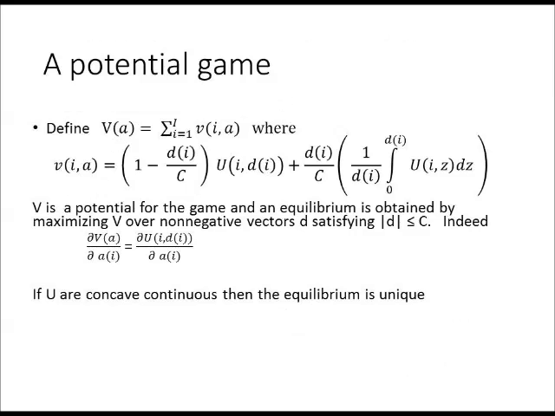As mentioned, this game is also a potential game. The potential is given as the sum of local potentials, again, where a local potential of player i is given by the first equation in this slide. The potentials are concave continuous, and therefore the equilibrium turns out to be unique and has all the good properties of a potential game.